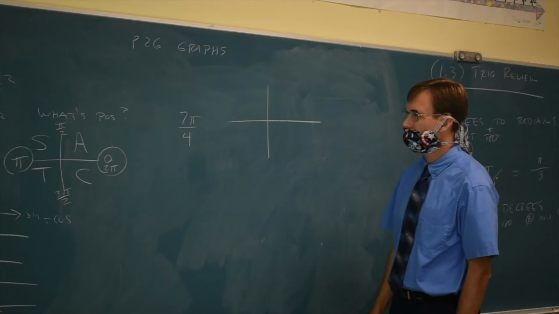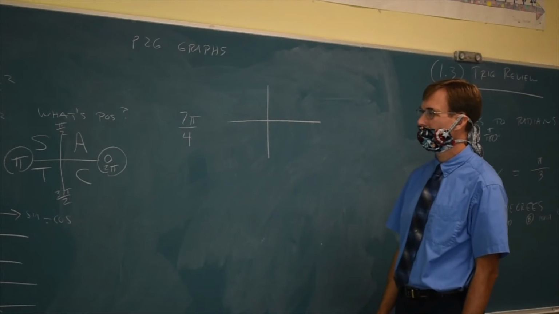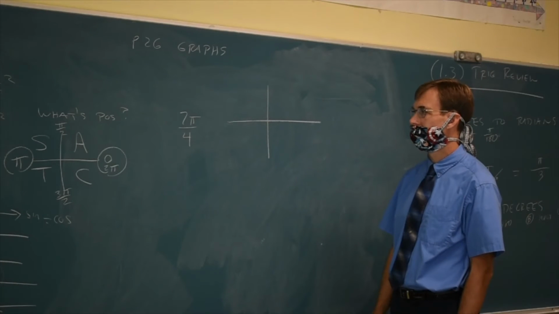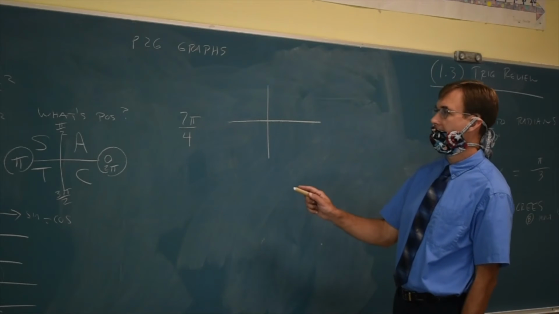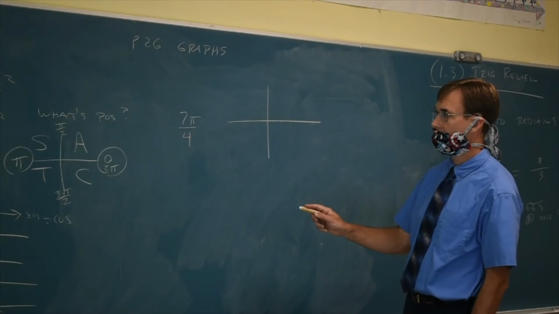Can you tell me which quadrant the 7 pi over 4 would be? That is C. It is in the C. That took a little while though, so maybe you don't want to do that.